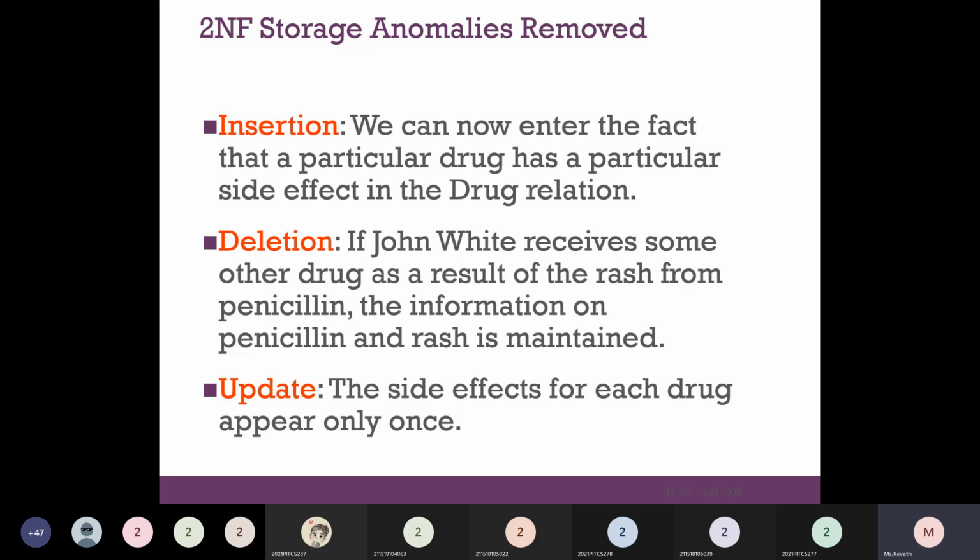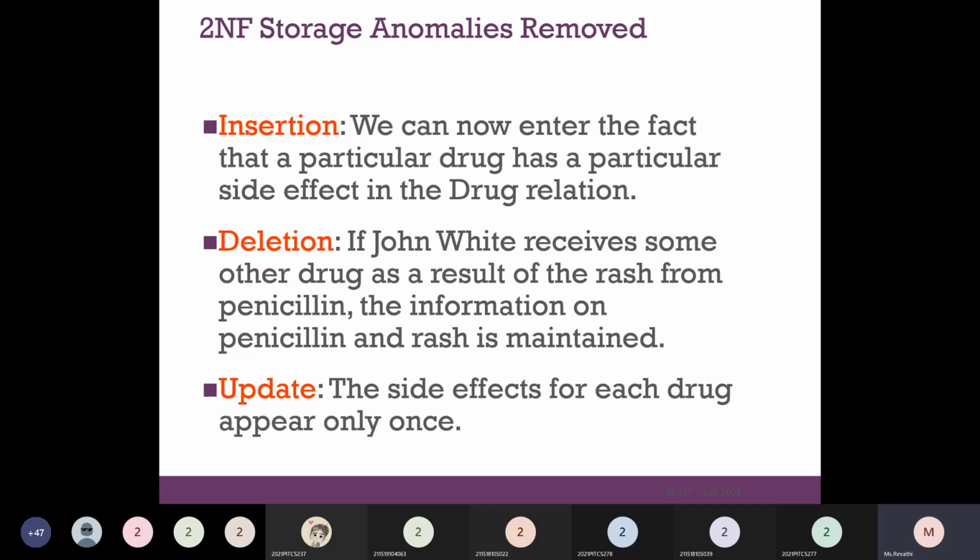By removing that information, the information on penicillin and rash is maintained. So by removing John White, we can retain that penicillin causes rash.